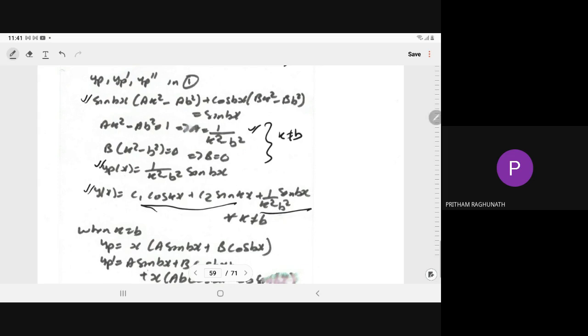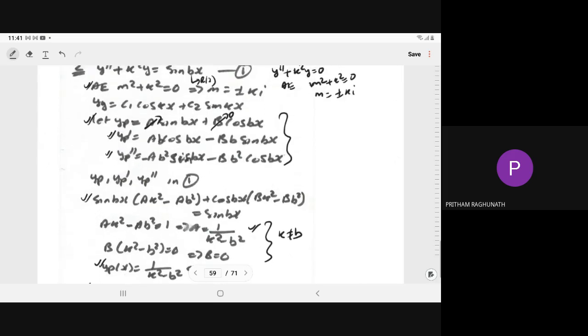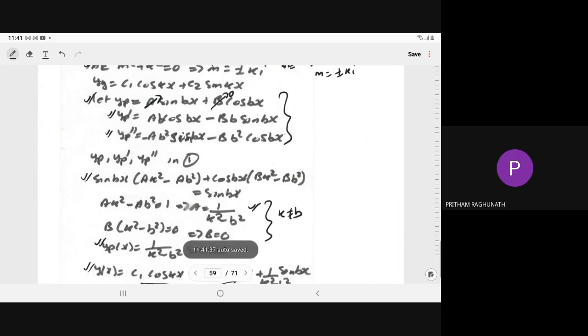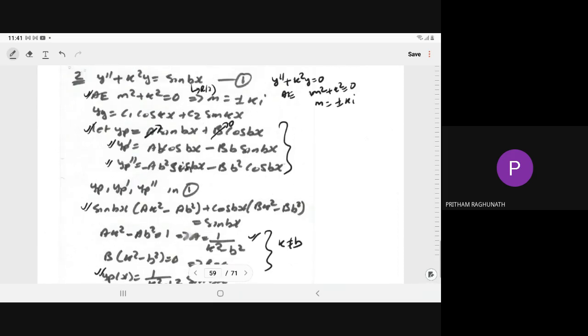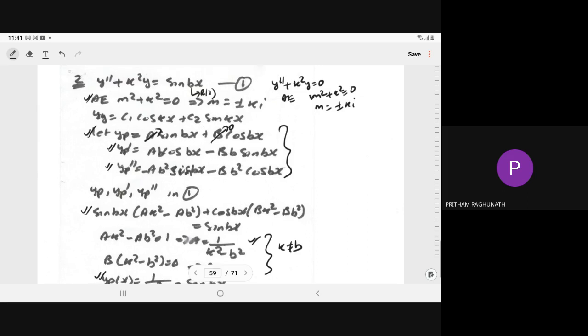So if k is equal to b, in that case, when you take k is equal to b, it means b is equal to k.